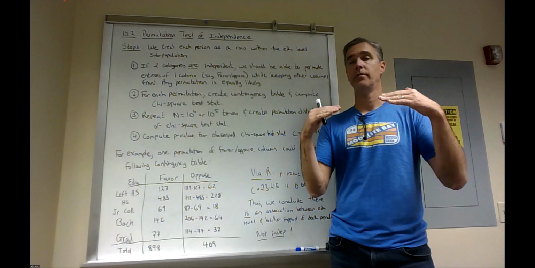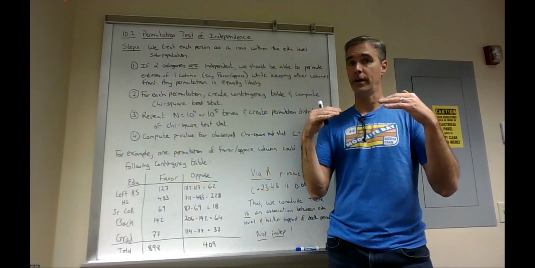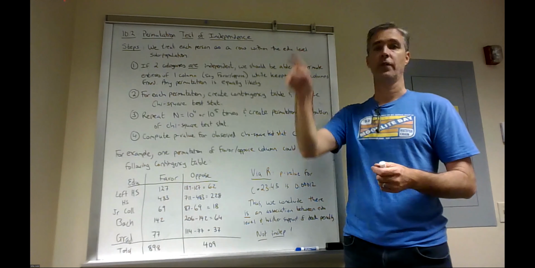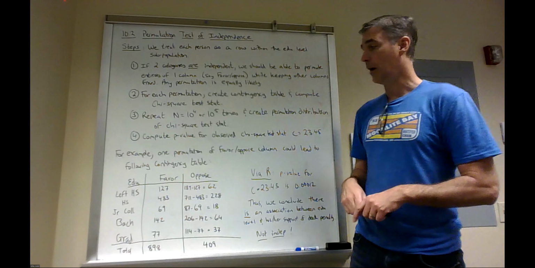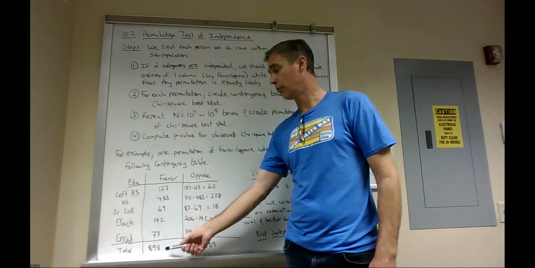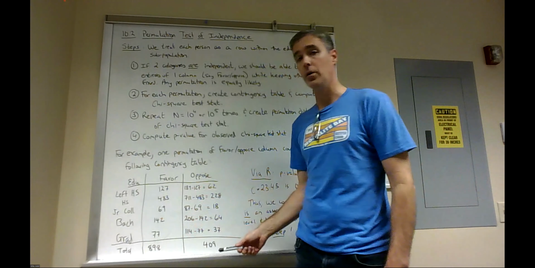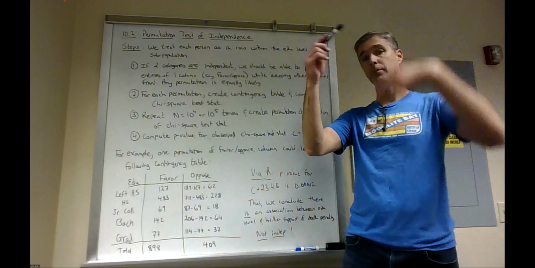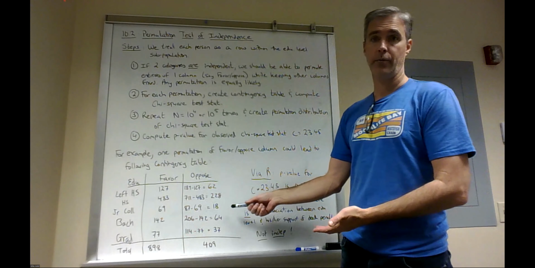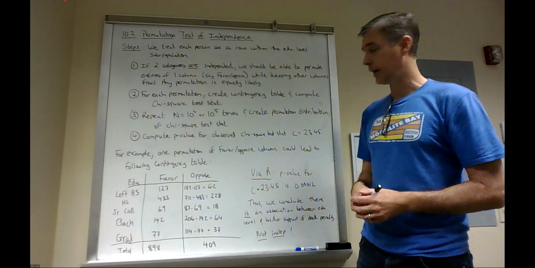So the total number of non-high school diploma people should remain the same. So I'm just permuting the oppose or favor column, right? And keep in mind, since I'm permuting the oppose or favor column, the total number of people who favor and oppose are unchanged. So I've just permuted those values, okay? So there would be one contingency table from permuting the data.